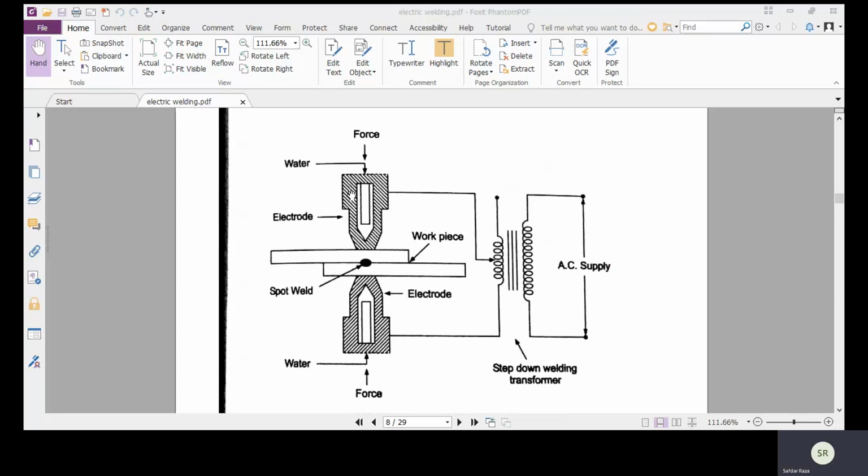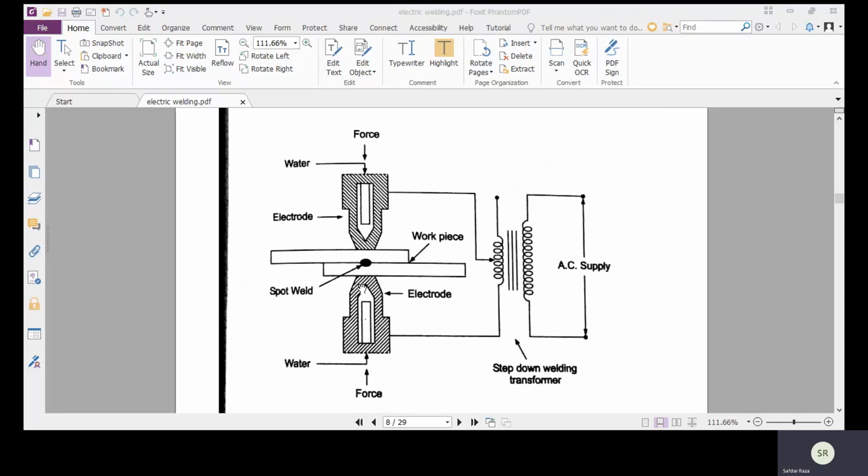These two electrodes are connected to the step down welding transformer, and a tapping or rheostat is attached at the secondary end. So whatever amount of current or voltage we require to do the welding, we can adjust it from here. And within the electrodes there are some nozzles in order to cool the joint.